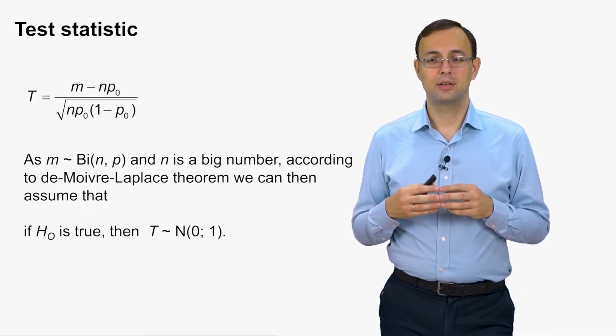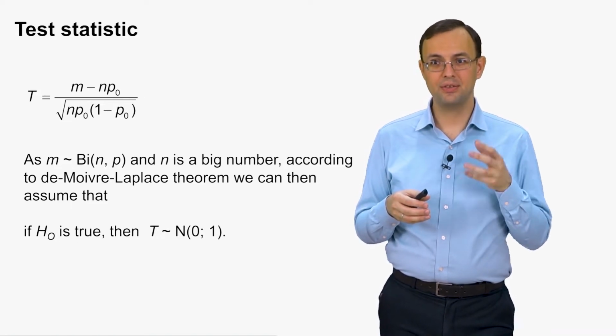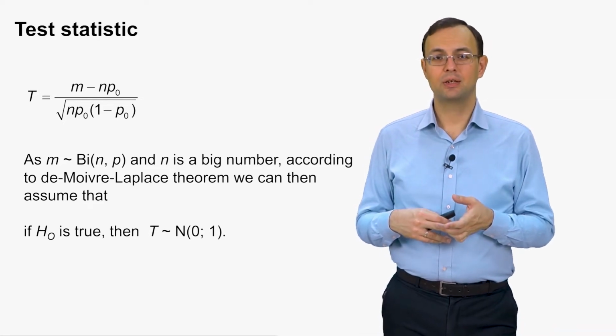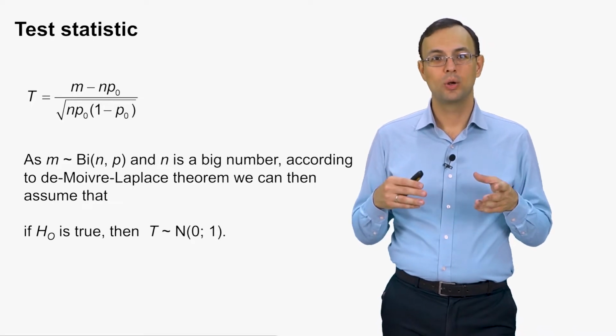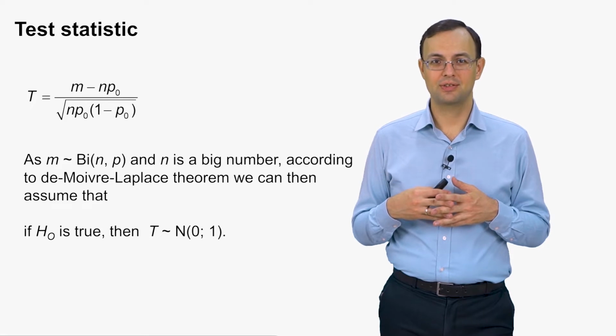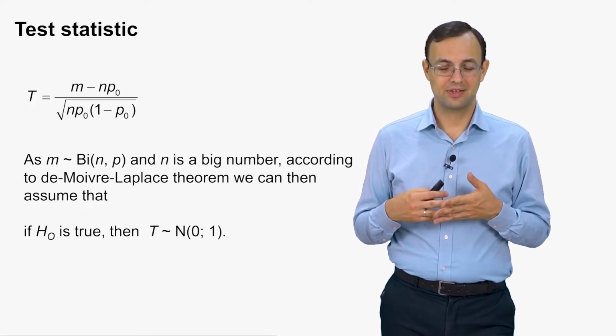So if p0 is equal to the real unknown value of p, then we are subtracting the actual expected value and dividing by the square root of the actual variance, and so we will get the standard normal distribution, as the de Moivre-Laplace theorem tells us.